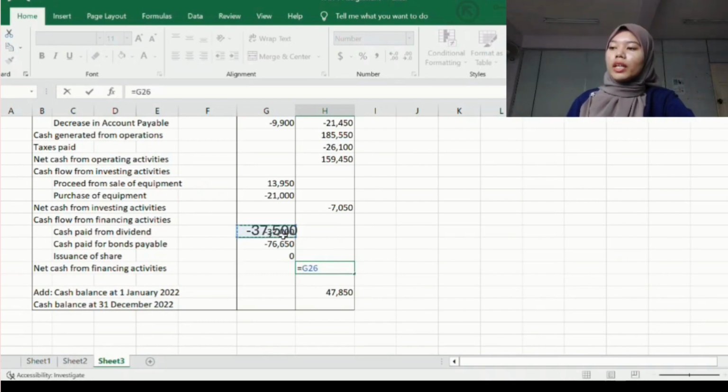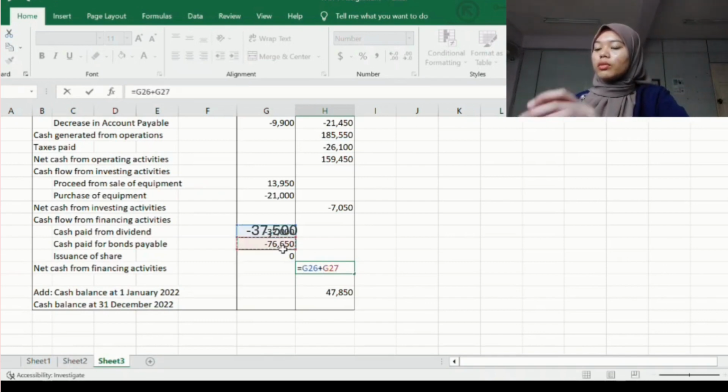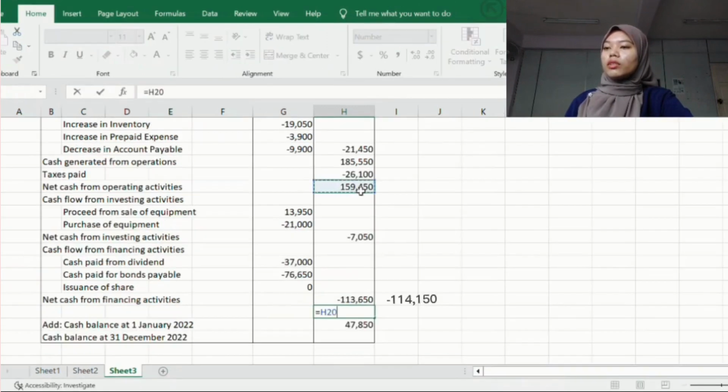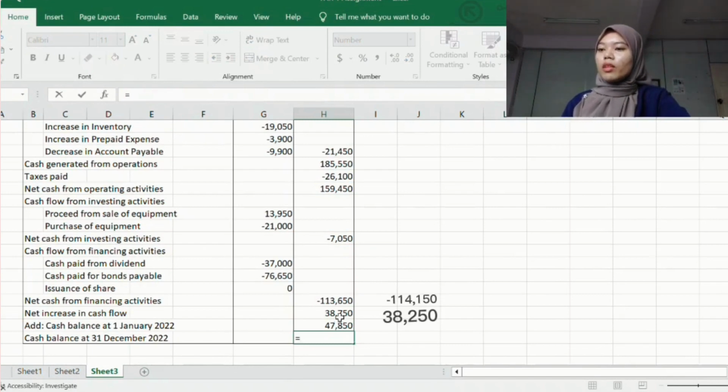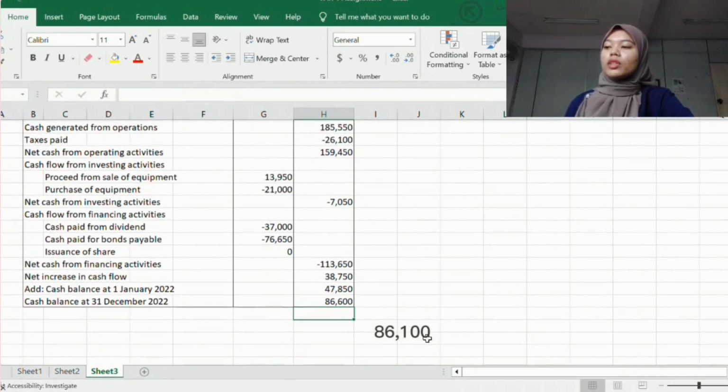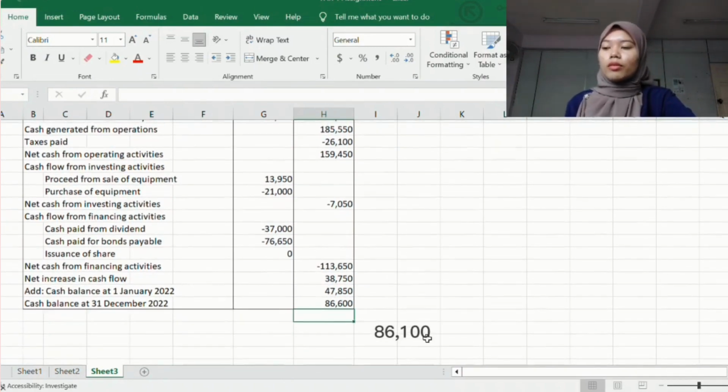Cash flow from financing activities, we also plus all of this. To know whether it is a decrease or increase in cash, we take the net cash from operating activities plus the net cash from investing activities plus the net cash from financing activities. The net increase in cash, we sum up with the cash balance, but the ending balance for the cash at 31st December of 2022.